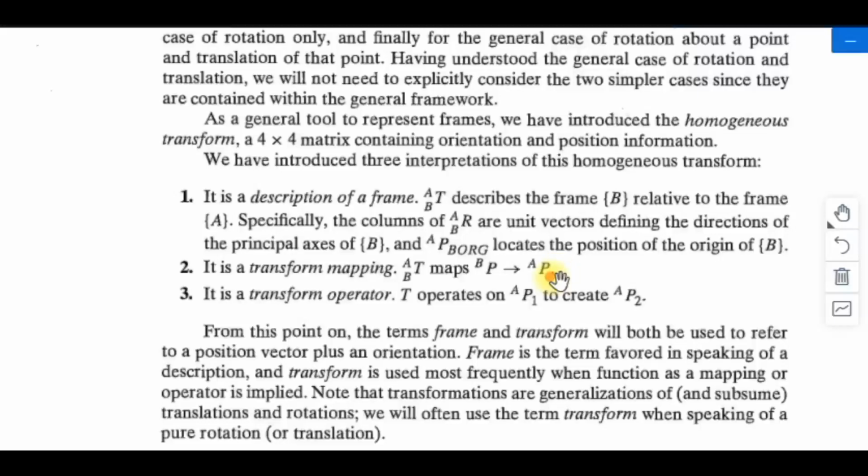I hope all of you know how mapping is done. Mapping means one set is represented by another set.